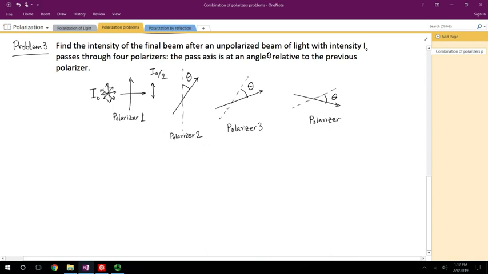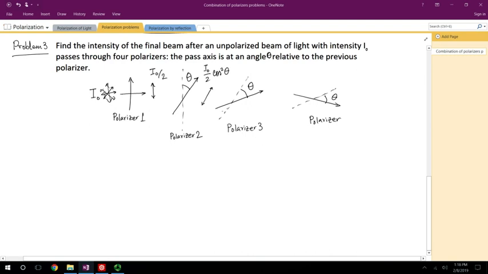So that is known, that we understand. Going from after the first polarizer to after the second polarizer, we're just going to apply Malus's law. So now the electric field is going to be along the pass axis of the second polarizer, and we'll get an intensity of I naught over 2 times cosine squared theta.